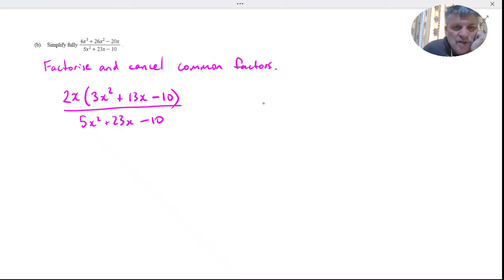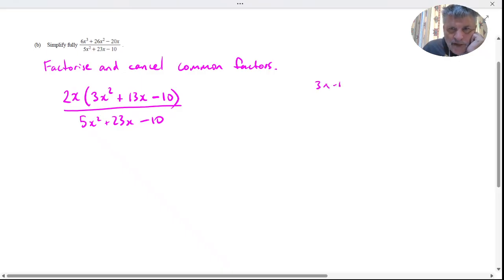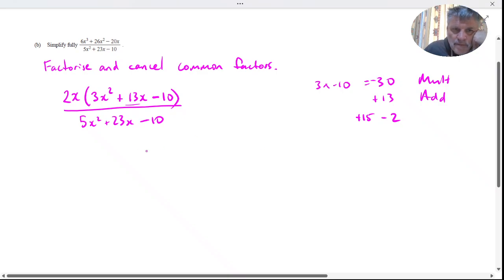Now you use your favorite method to factorize a quadratic. I guess you can put it into a calculator and find the solutions. 3 times minus 10 is negative 30, so we want two numbers that multiply to give this and add to give 13. Now that's quite easy. It's plus 15 and minus 2. So now let's just do separate working.